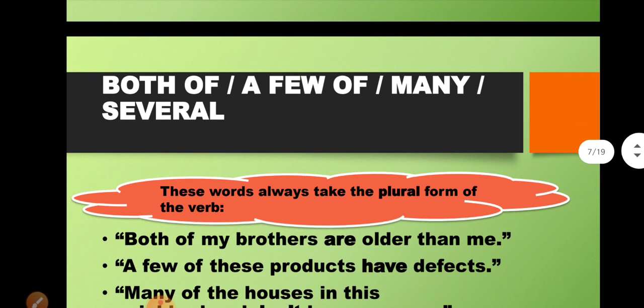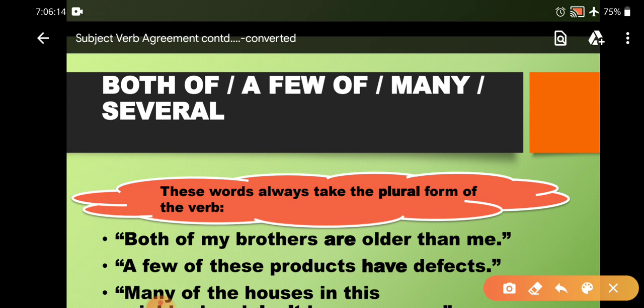This one is typical. So we will do it nicely. These words: both of, a few of, many, several. First of all, we will do an analysis of these words. Both of refers to two things at least, right?